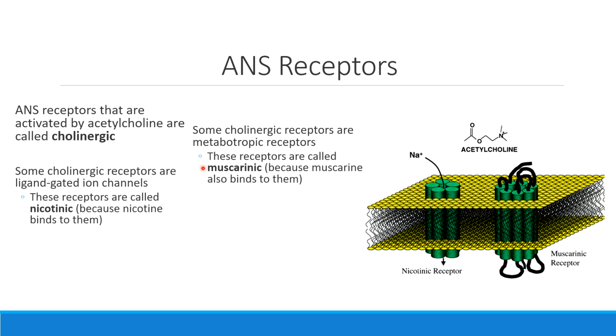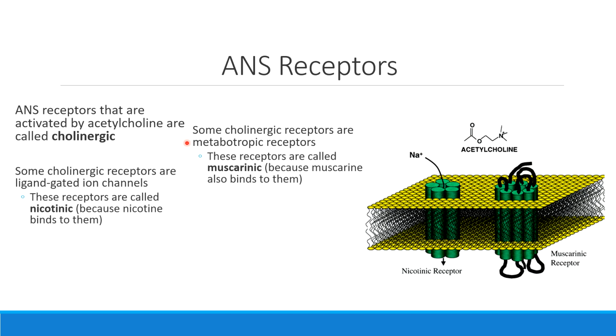We call these muscarinic. So if you hear that we have a muscarinic receptor, again, that tells you two things. Thing number one, it responds to acetylcholine. Thing number two, it might have a complex response. That's metabotropic for you.